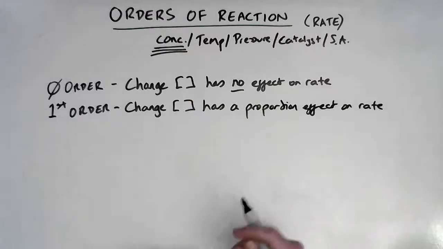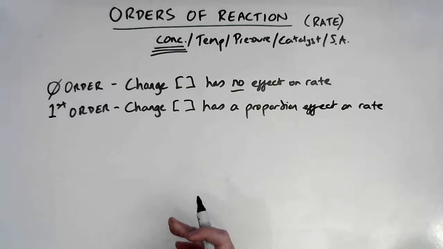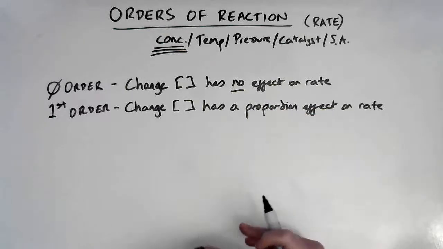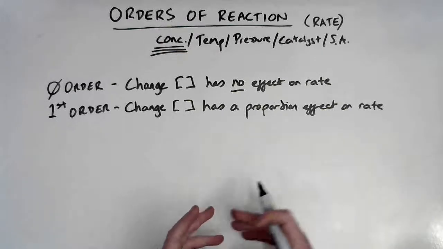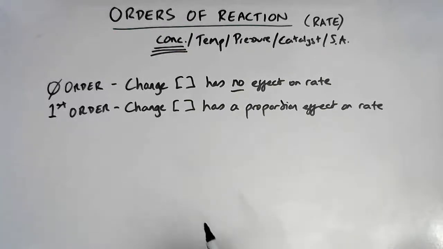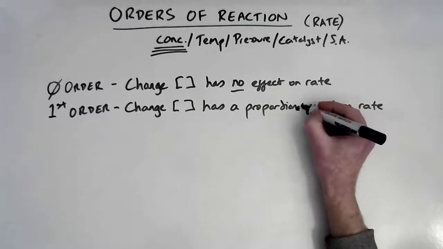So if you double the concentration of something, you would expect the rate of reaction to double. If you halve the concentration, you expect the rate to halve. If you multiply it by 3, the rate will multiply by 3, and so on and so forth. So that's what proportional actually means.